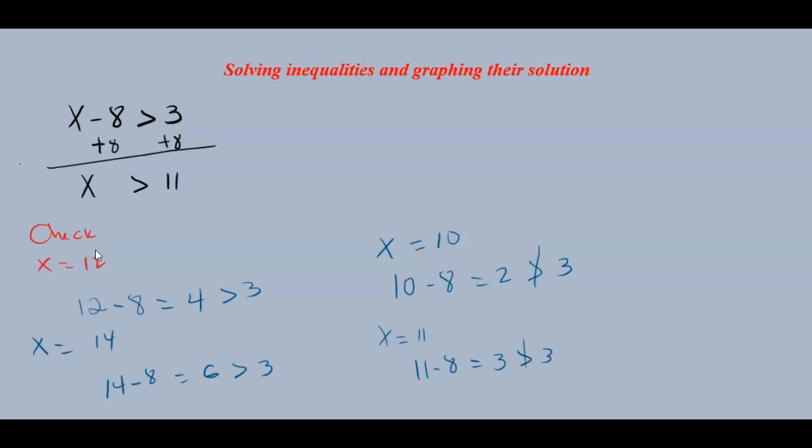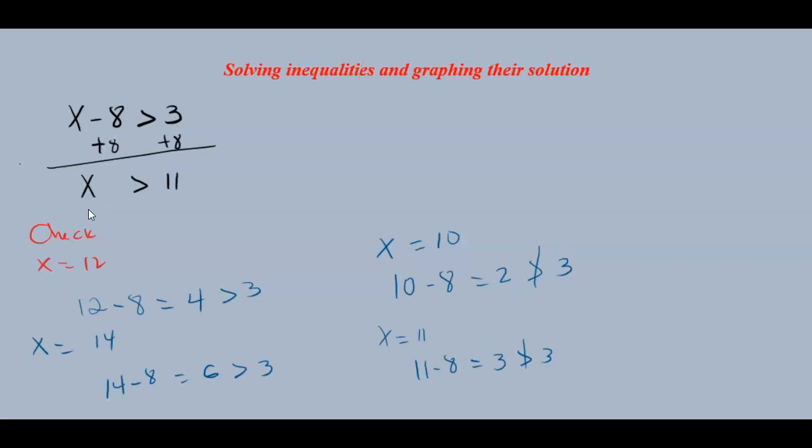It is just equal to 3. The expression tells us that x minus 8 must be greater than 3. Since 3 is not greater than 3, x equal to 11 is not part of the solution.